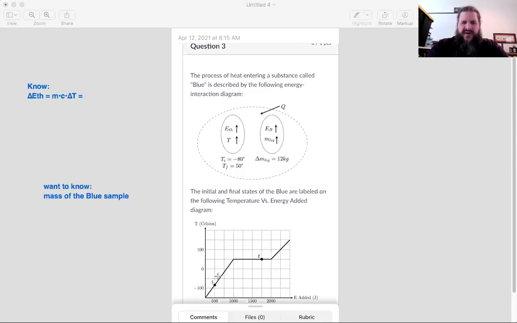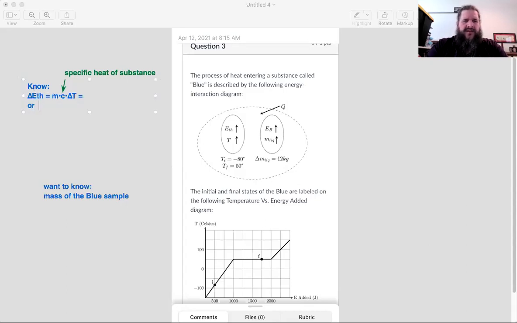If we look at just the temperature change, c is the specific heat of the substance. Whereas m times c, this whole thing, is the heat capacity of the object.